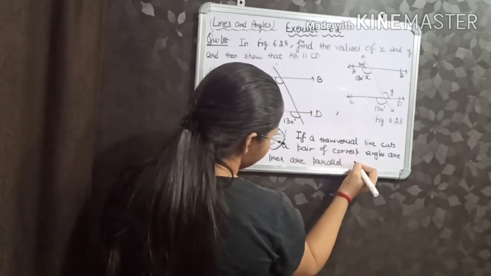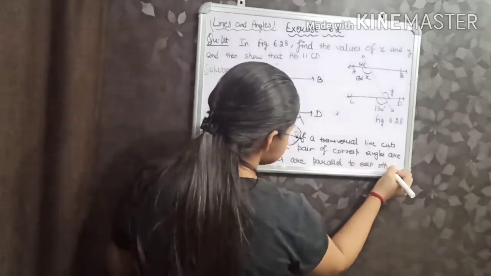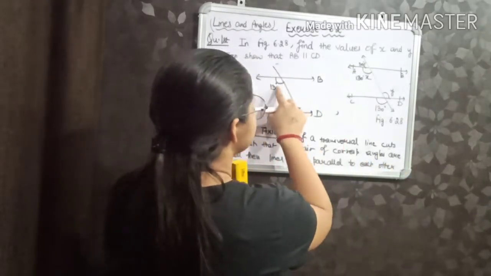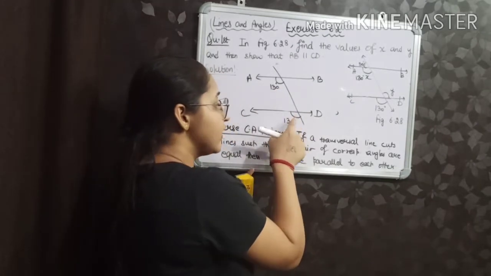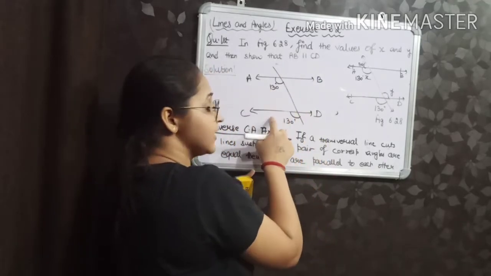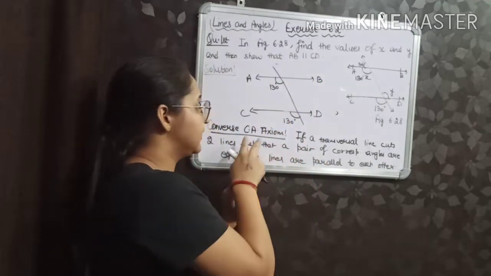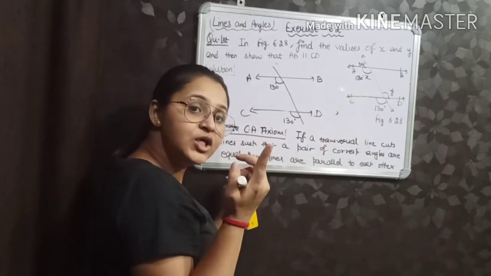This is the converse of the corresponding angles theorem, that says that if two angles are corresponding angles and these two angles are equal and it is a transversal line intersecting two lines, then by this converse these two lines must be parallel to each other.